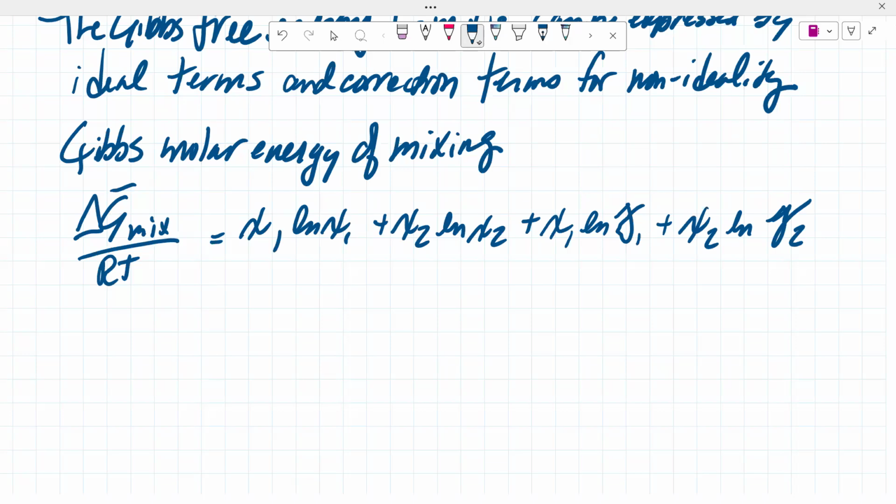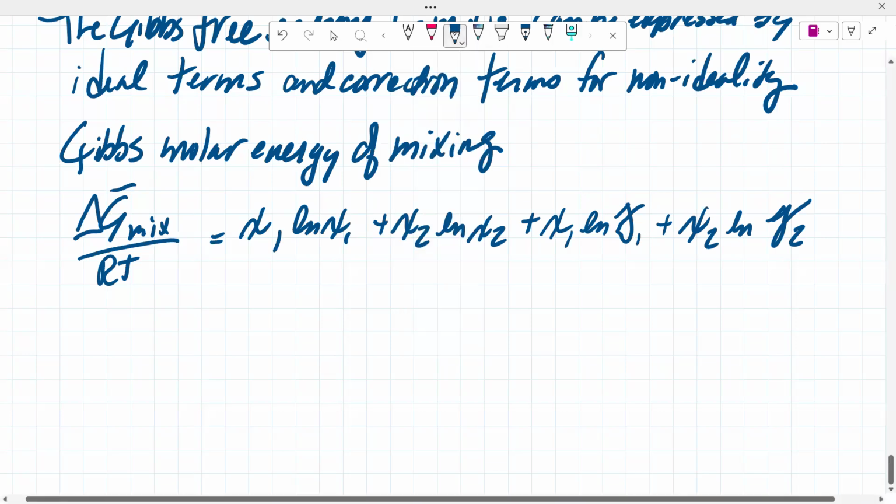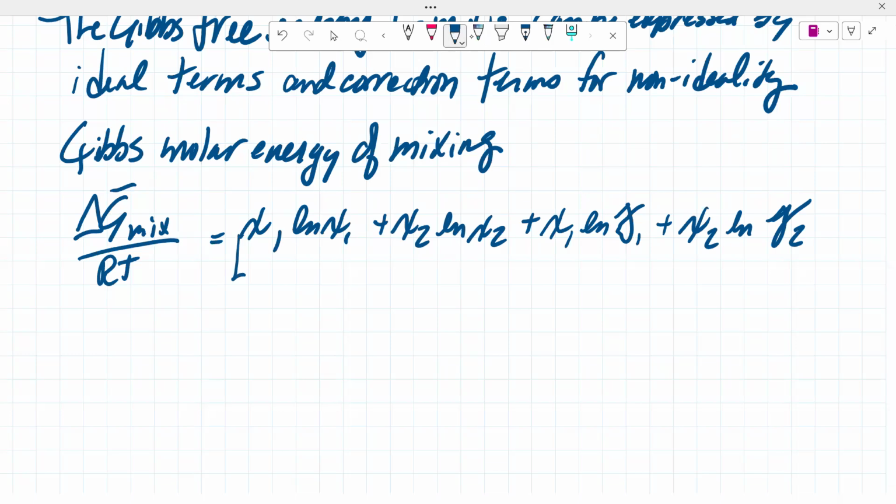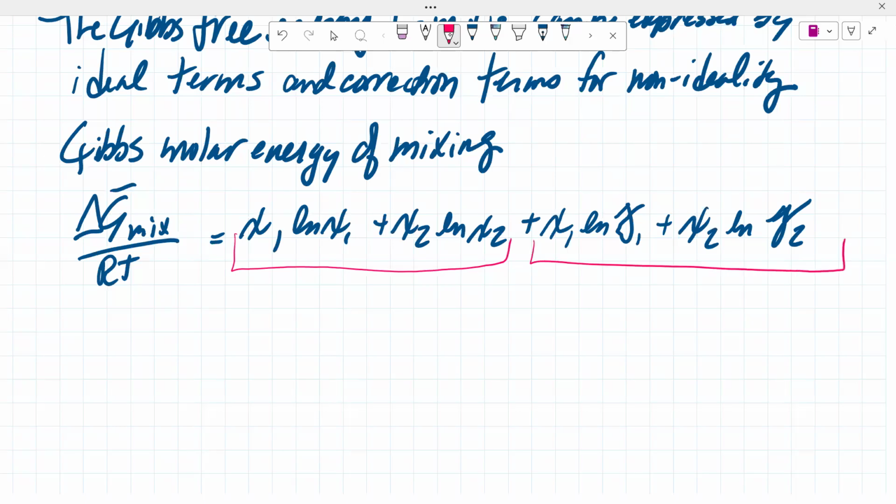So in other words, this part over here is for the ideal solution, and the part over here has all these gammas in it.